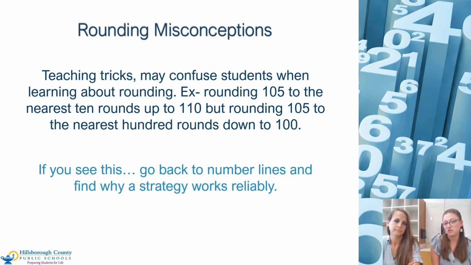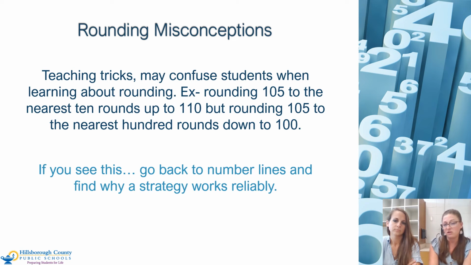Another misconception students might have is if a teacher is teaching tricks that may confuse students when learning about rounding. I know it might be fun to do a rounding rap or a saying like 5 or more raise the score, but it may not translate to concrete understanding of what rounding is.